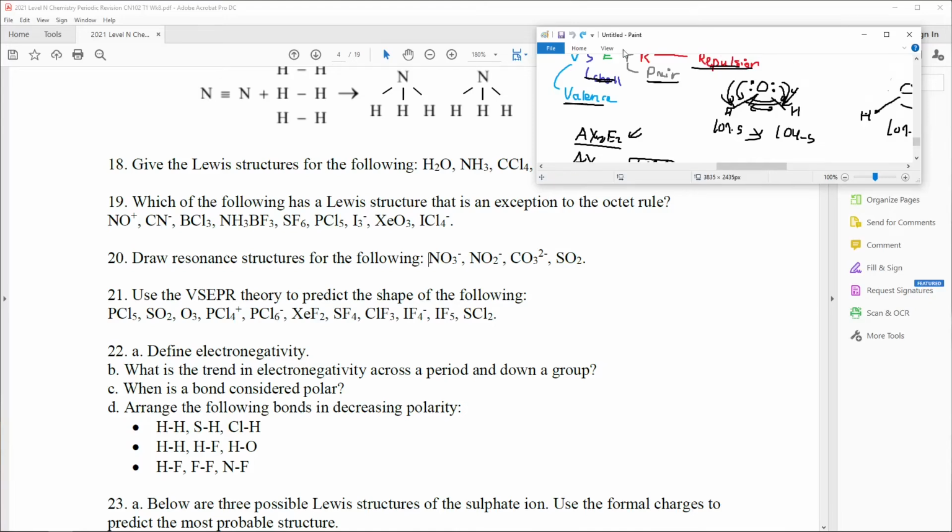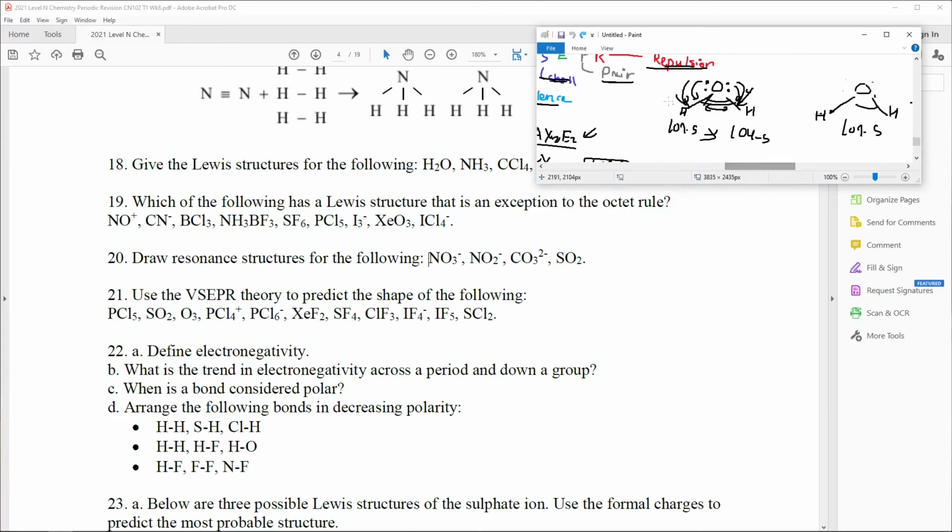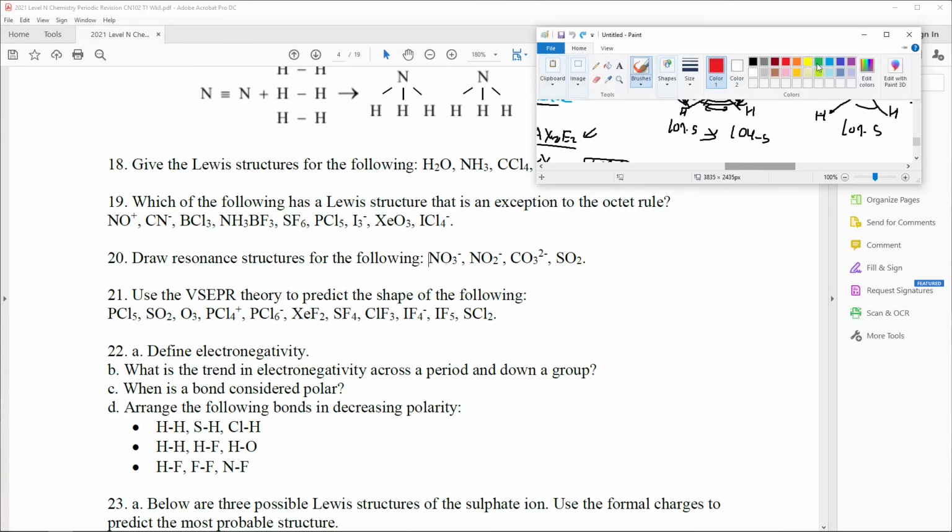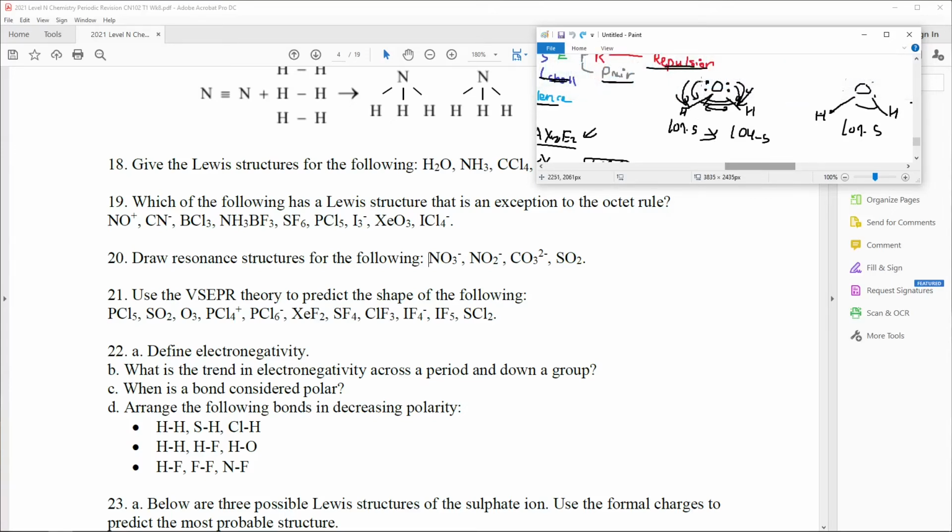So here I've drawn a small tiny diagram of a water molecule. If you were to imagine this repulsive force between this lone pair and this shared pair, if you consider, let's say, both lone pairs, these repulsive forces are going to be stronger than these repulsive forces between the shared pairs themselves.